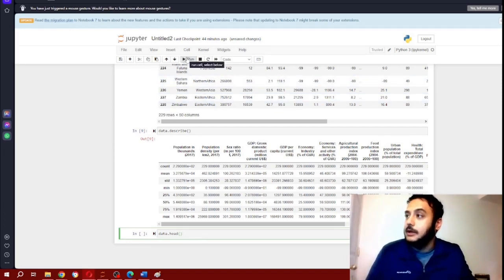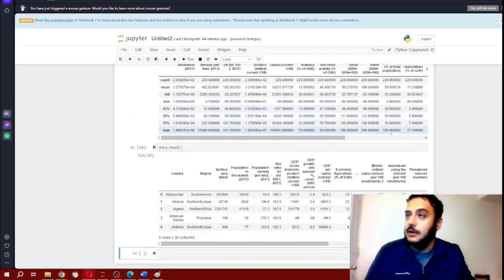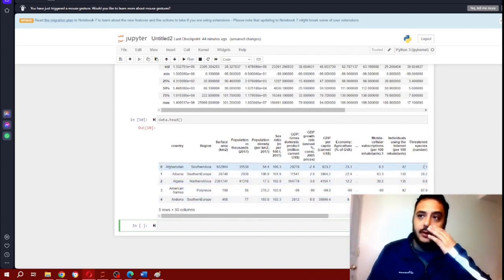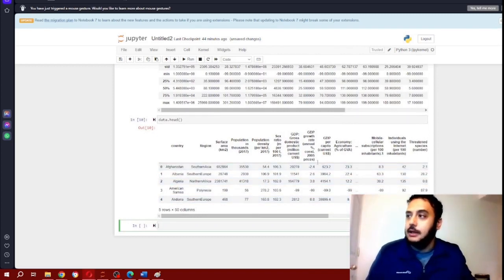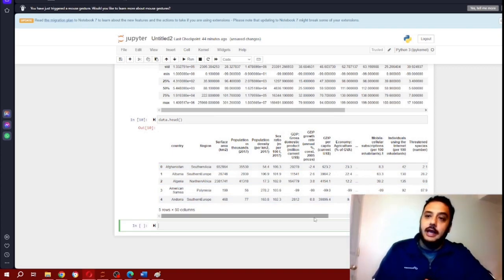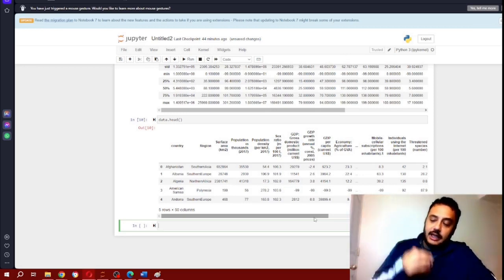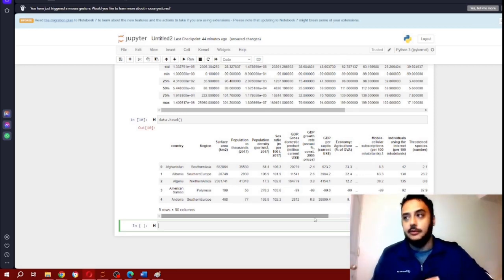So a method command that you can run is the head. If you don't want to look at everything, you can look at the first five records or rows. Python or any data science tools are not meant for us to go and look at each of the records or rows.